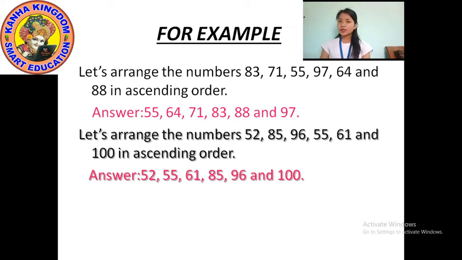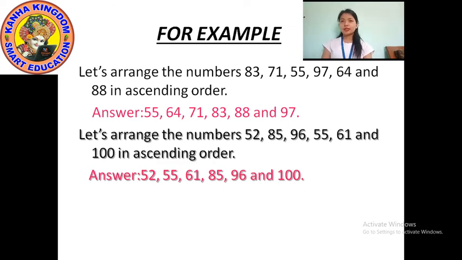See, the first smallest number is 52 and the second smallest number is 55, and after 55 which number? After 55, 61, right?